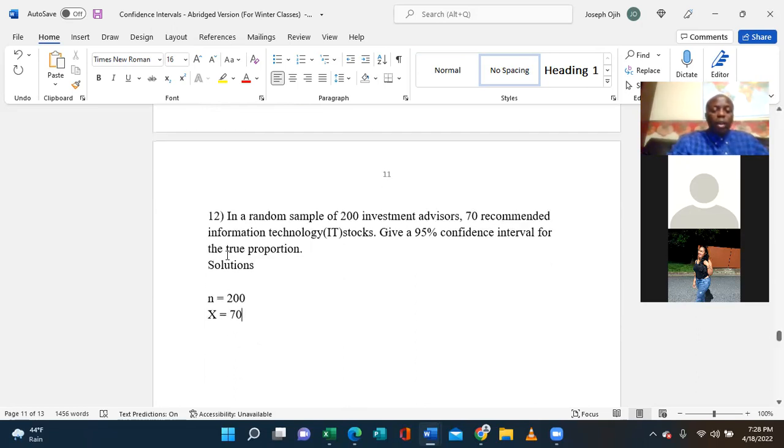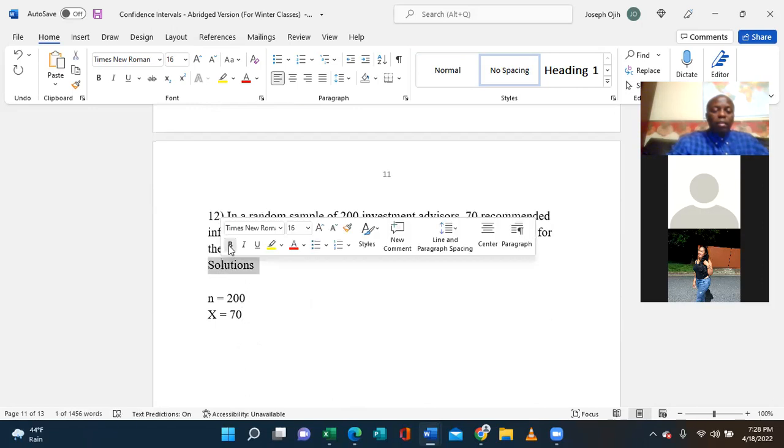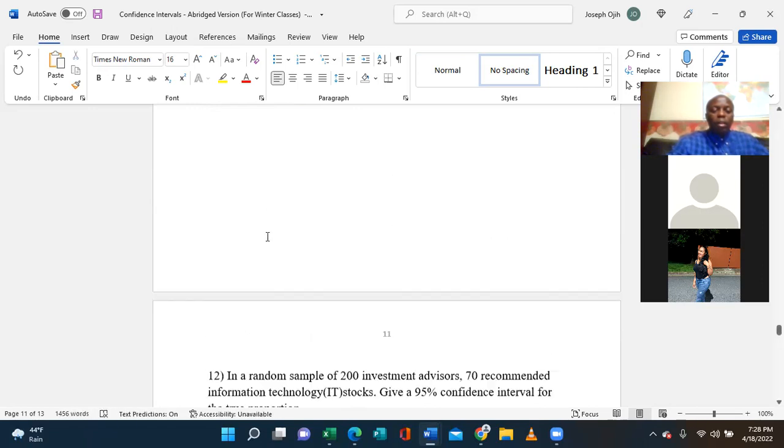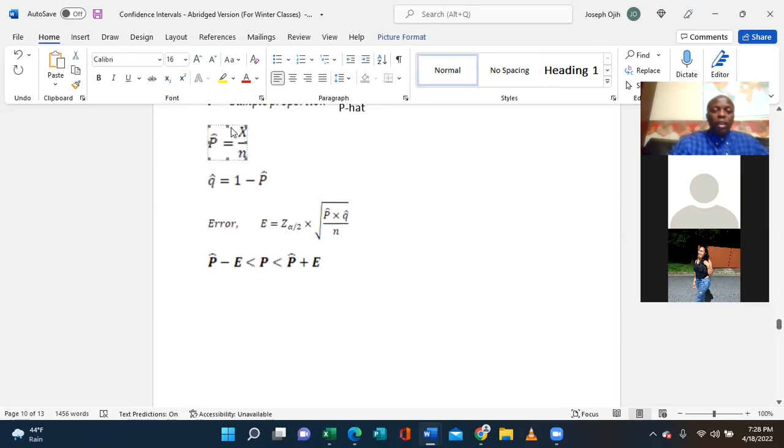So we can get our p hat using the formula x over n. I'll take you to the other workbook so that we can quickly calculate it.